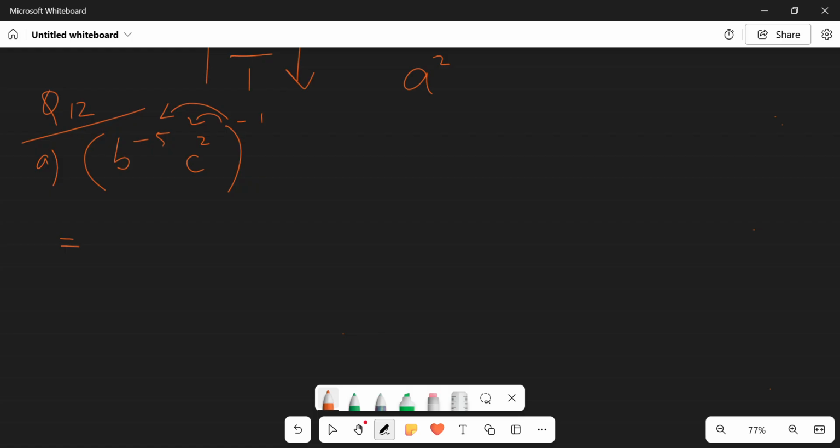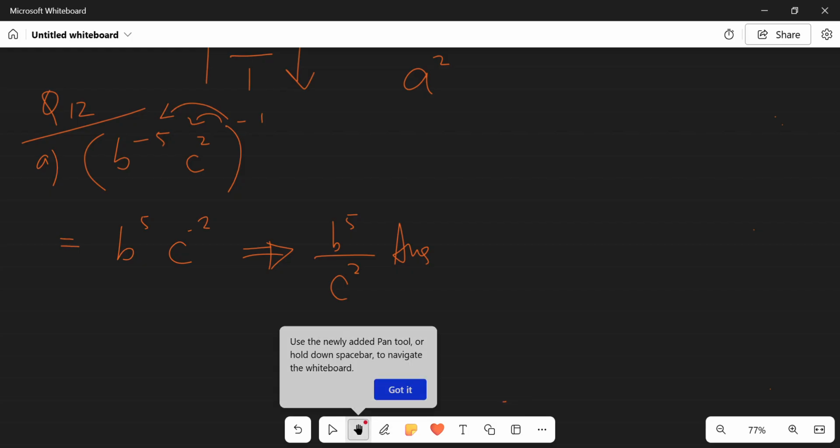So minus 1 times minus 5 is plus 5, so b to the power 5, and 2 multiplied by minus 1 gives you minus 2. Now here we need the positive answer. So b to the power 5 is already positive, it will remain in the numerator. And c to the power minus 2, like I explained in the previous example, will go in the denominator position, so c will automatically become positive 2. So this is the simple answer here. Now the next question.